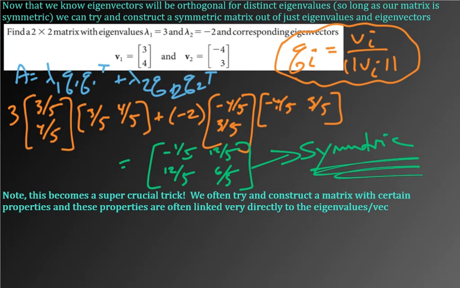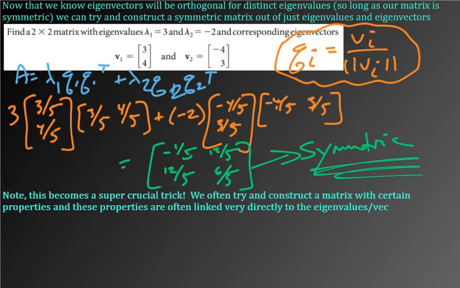And just down here, I kind of said this before, but this becomes a very important technique because it lets you create a matrix with certain really important properties. There's lots of times where what we want to have happen is an eigenvalue of x, whatever x is, and another one of y, and then we want certain eigenvectors to have those scalars, right?